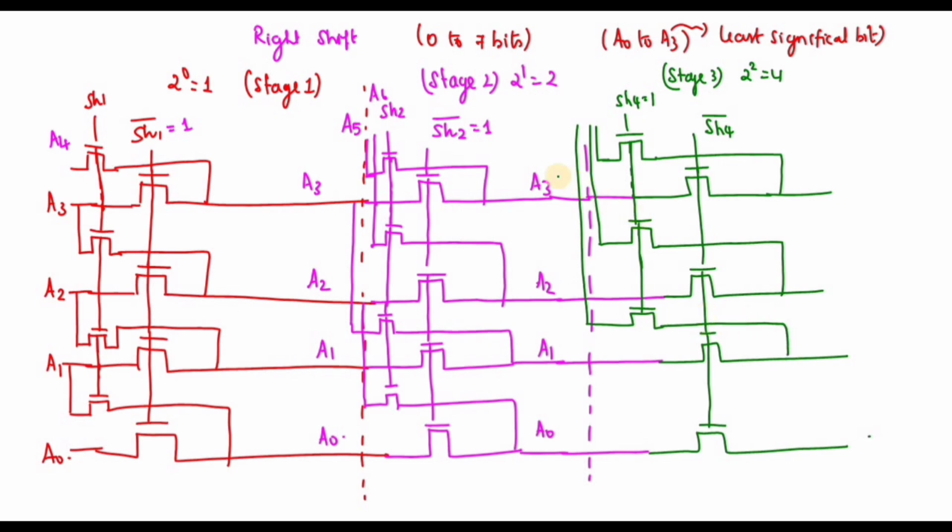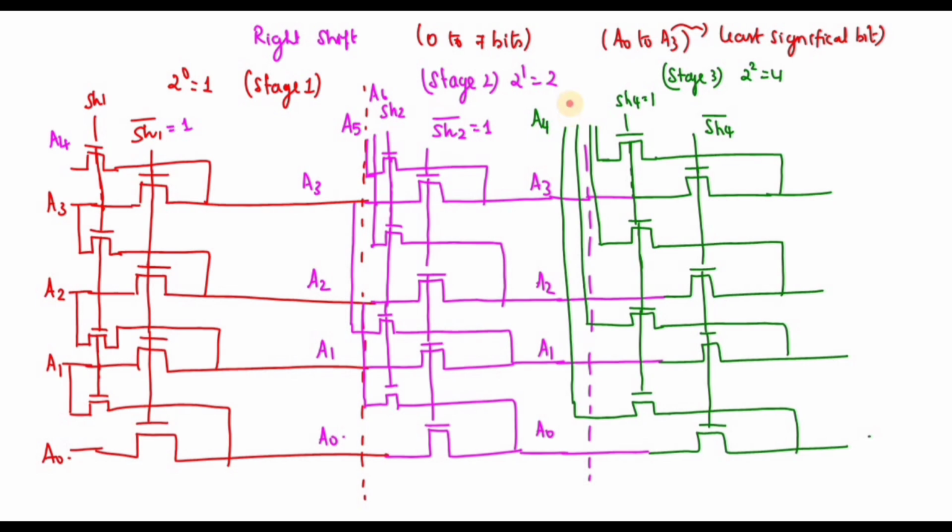So if I shift the 4-bit value, this is nothing but your A4 value, right?